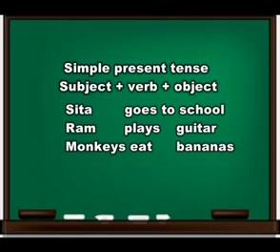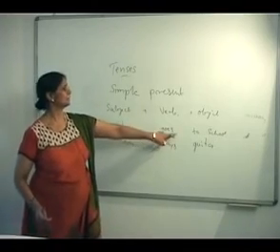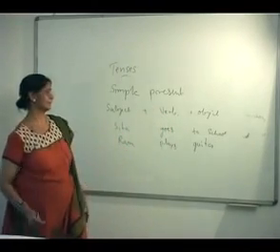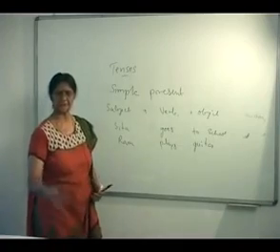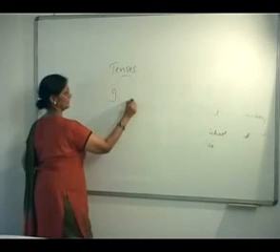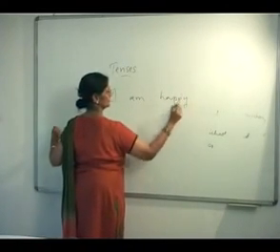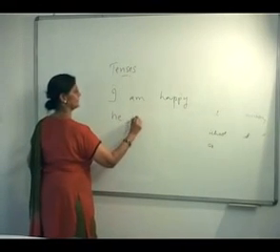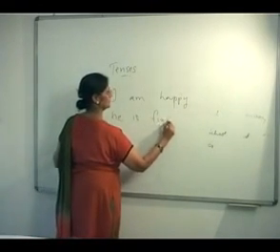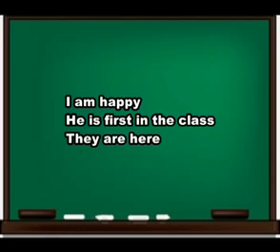Monkeys eat bananas. So like that, noun plus simple verb will give you the simple present tense. Or if you are using the be word, I am happy. He is first in the class. They are here.